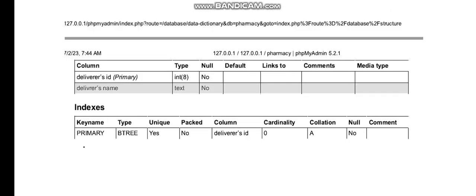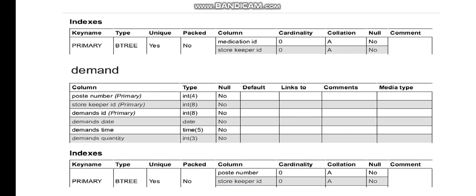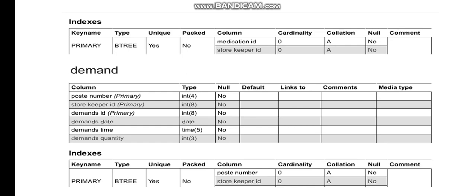Every single attribute of each table or each entity is going to be recorded in the data dictionary, along with the type of data and the length of the data recorded. Then we are going to implement it on phpMyAdmin to see how it works.